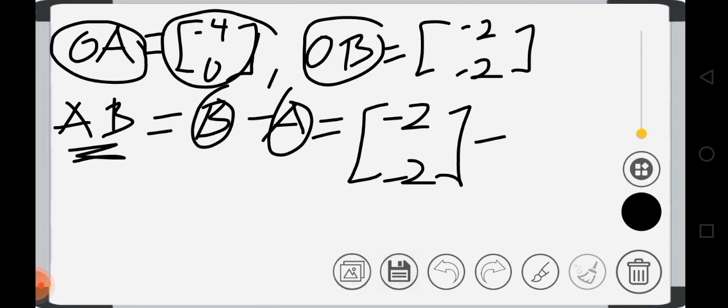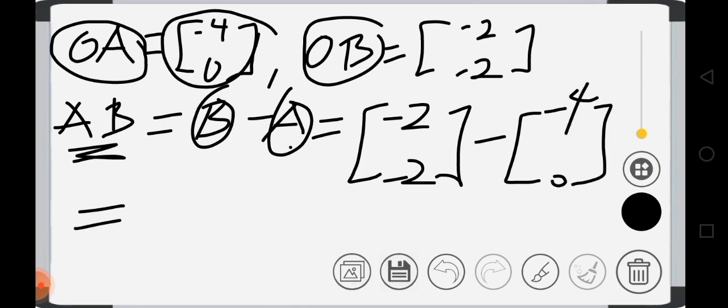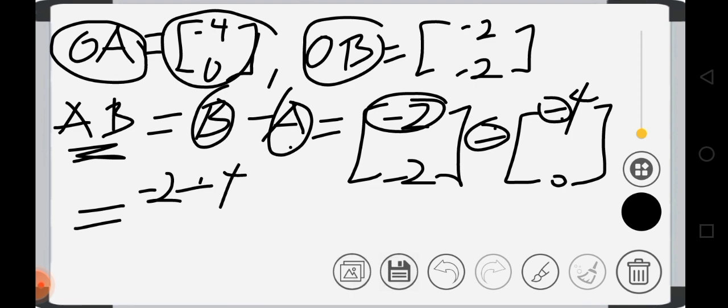So taking note of that is very, very important. So we're going to have this, then minus A. What is A? A is minus 4 and 0. So that is going to give us minus 2 minus minus 4. Take note of all these signs, very, very important. Minus 2 minus minus 4 will be minus 2 plus 4.